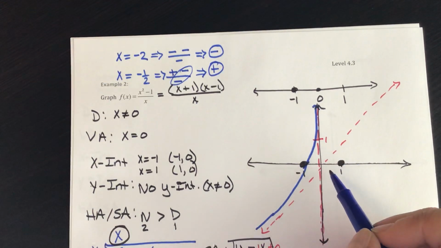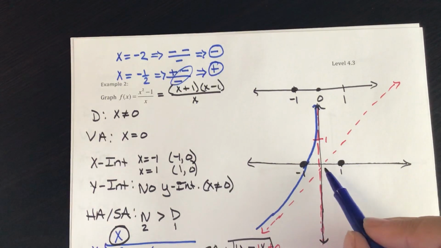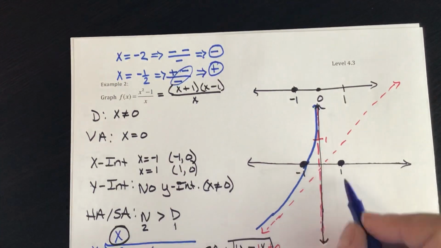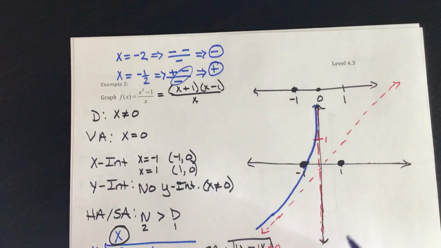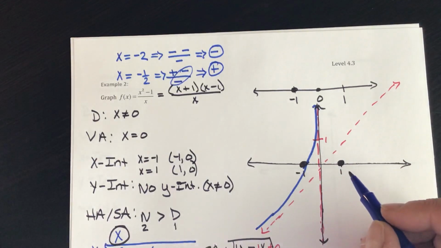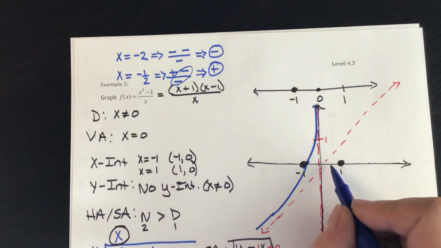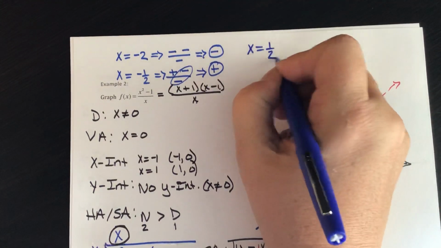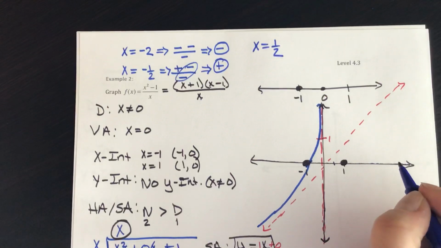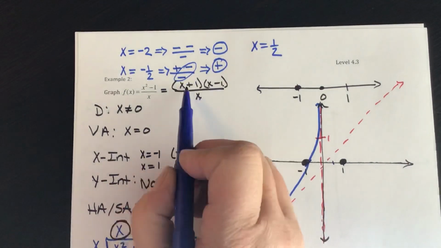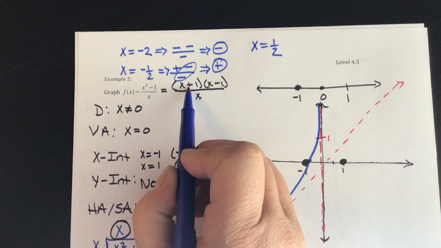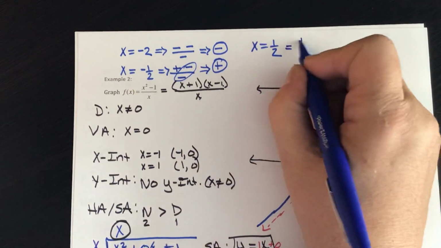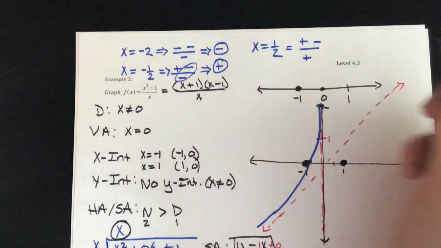Now I need to look at what's happening to the right of 0, like in this area right in here. To the right of 0, I'll pick a number like +1/2. If x is +1/2, I put this in here, I have a positive. 1/2 minus 1 is a negative, so I have a positive, a negative, and a positive.